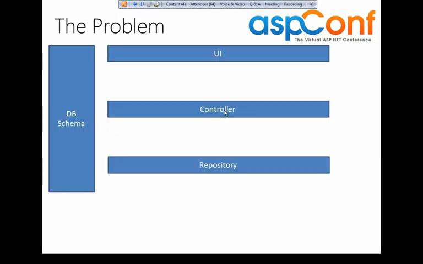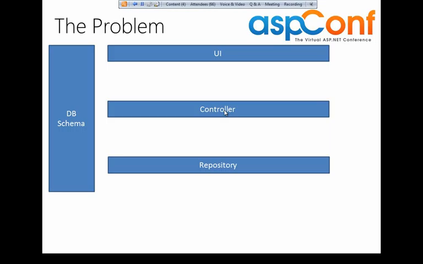Right, so before going into the code bits or discussing what CQRS and event sourcing is, let's first see what sort of problems they try to solve. Well, in this slide you can see something that you would typically see in most ASP.NET MVC applications, where you have the UI, you have the controller, you have some sort of repository, and you have a database and database schema, data storage, whatever you call it.